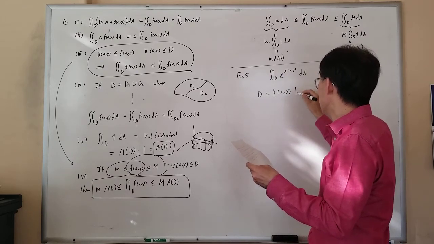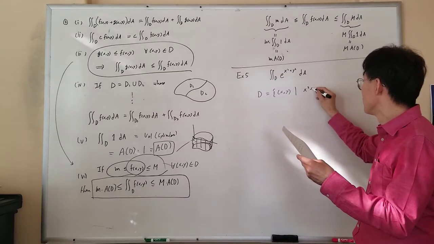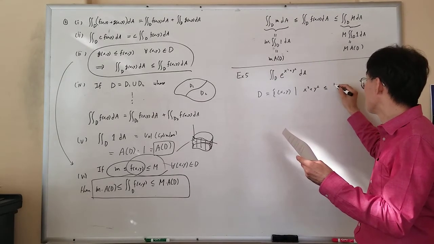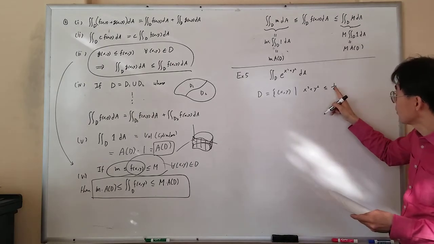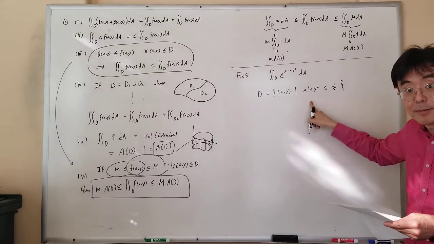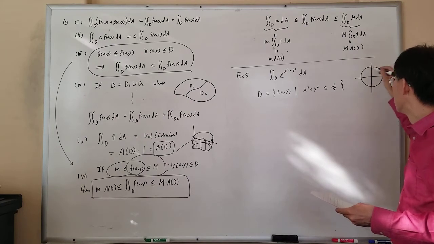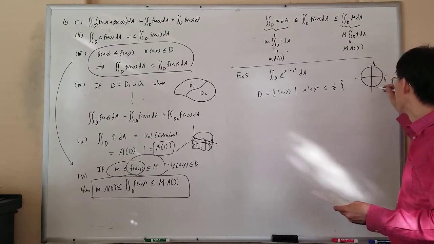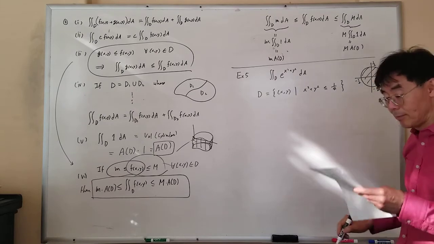So the disk with center at the origin, x squared plus y squared less than 1/4. Radius 1/2 means 1/2 squared, 1/4. This is the domain.